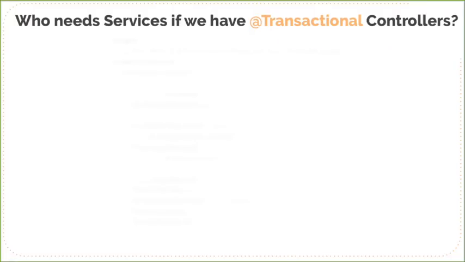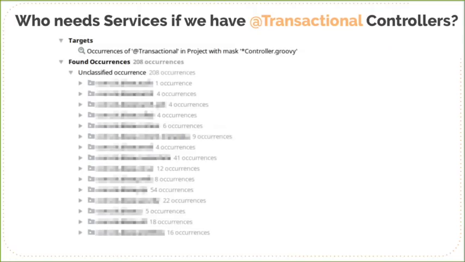And you also have extra bad points if you also do a save flush true. So this is wrong. Please don't do something like this. In this project, I looked for @Transactional in all the controllers, and there were 208 actions annotated with @Transactional.